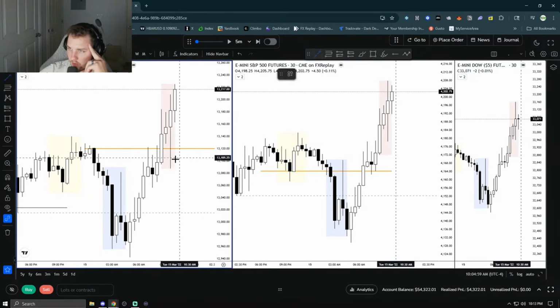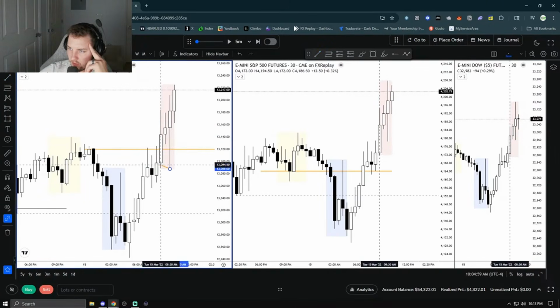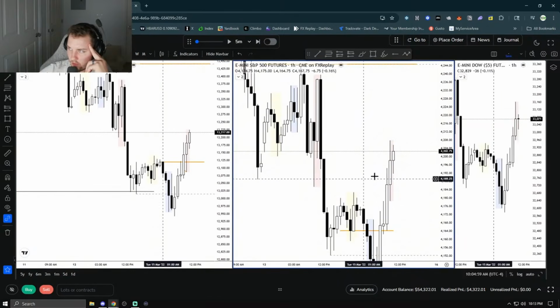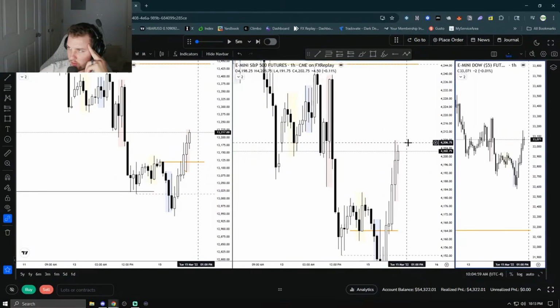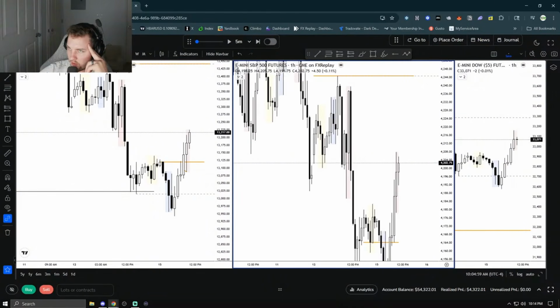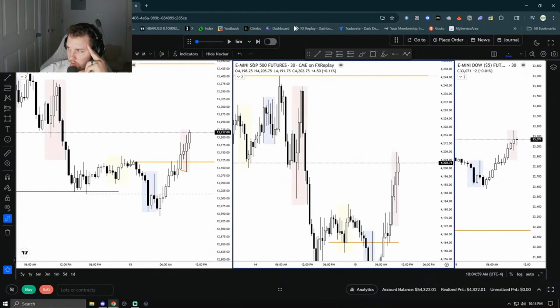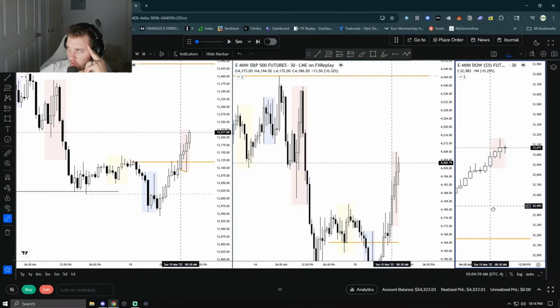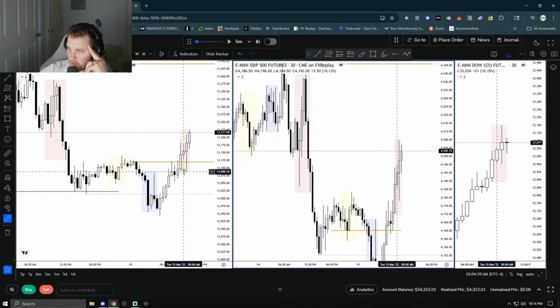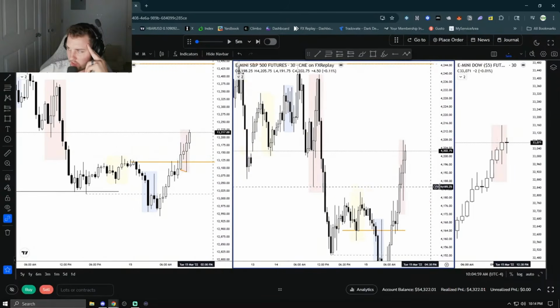Okay. So SMT here. Go to the hourly. What's this? All right, previous day. So small opposing run here. SMT. So this is the weakest asset.